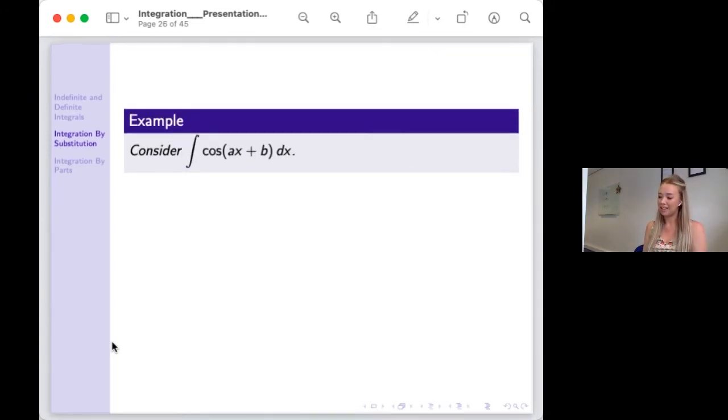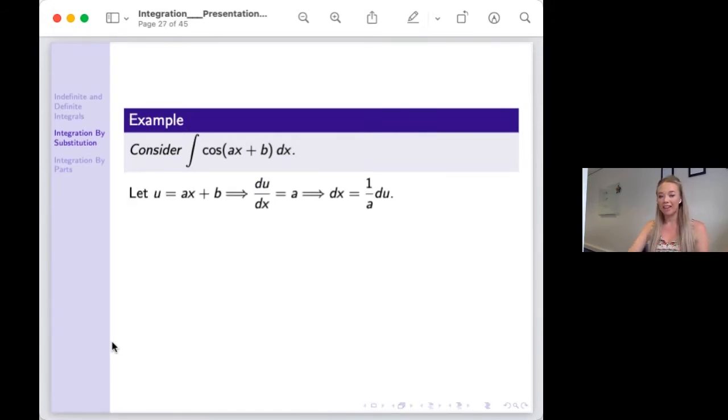I'll consider more of a general case, because you'll have to integrate these so much over the next few months or the next year. It might be easier to just make a formula for it and then you can use that. So if we have cos of ax plus b and we want to integrate that in terms of x, we'd let u be the part that's in the bracket, so ax plus b.